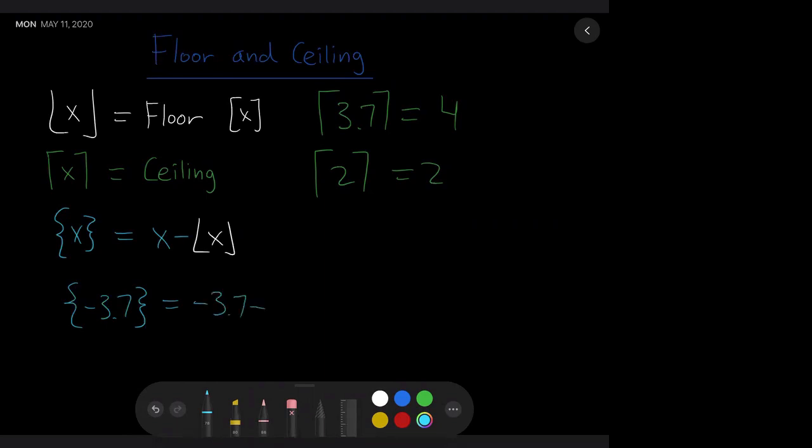This is equal to negative 3.7 minus the floor. And what's the floor? The floor is negative 4, right? So this is equal to negative 3.7 minus negative 4. Fractional part is always going to be between 0 and 1. It could be 0, it can't be 1. So this is going to equal 0.3.